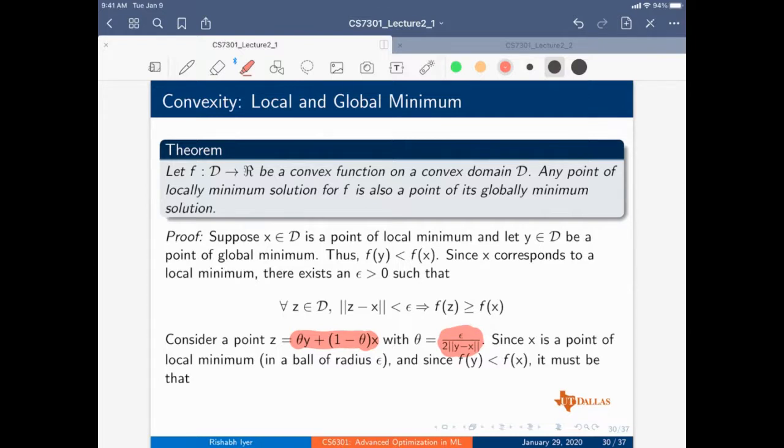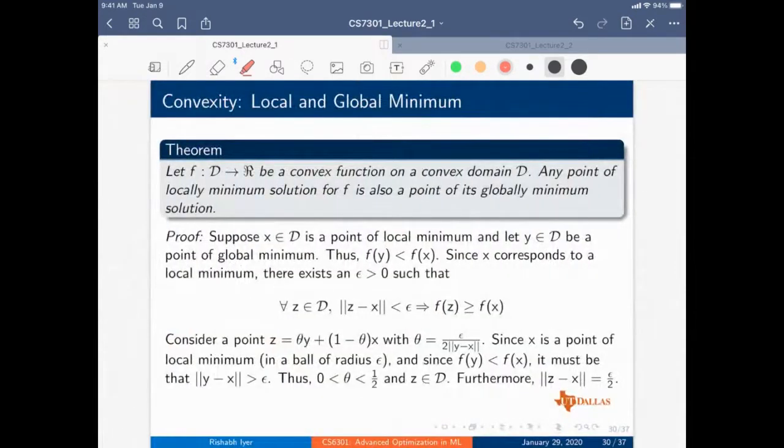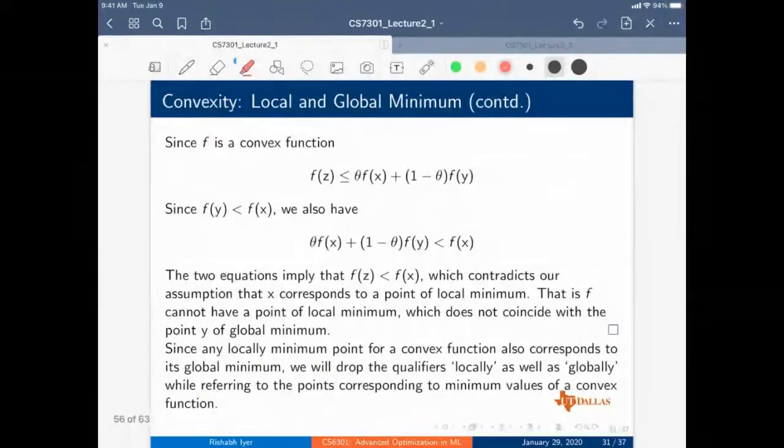Then you show that f of y is less than or equal to f of x, and you set the norm of z minus x to be epsilon by 2. You go through a set of steps, and finally you arrive at the fact that f of z is less than or equal to theta f of x plus 1 minus theta times f of y.